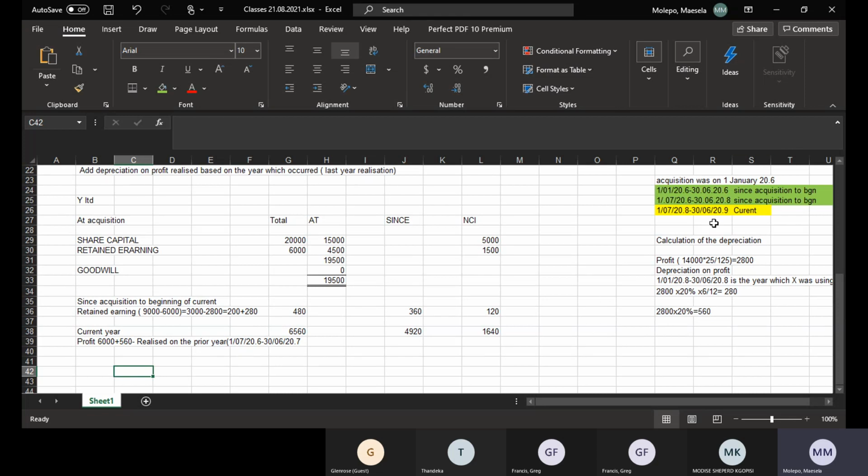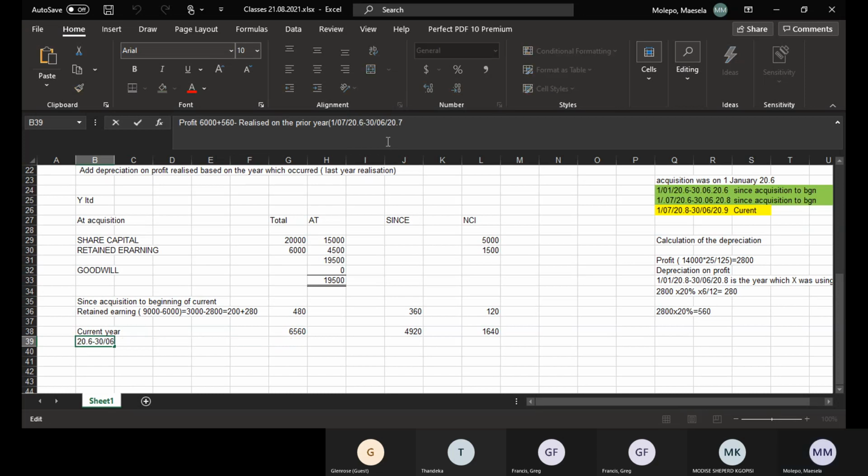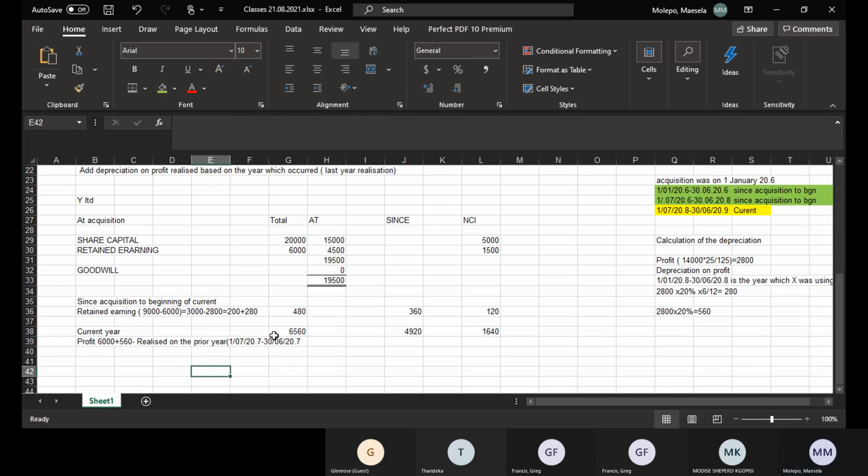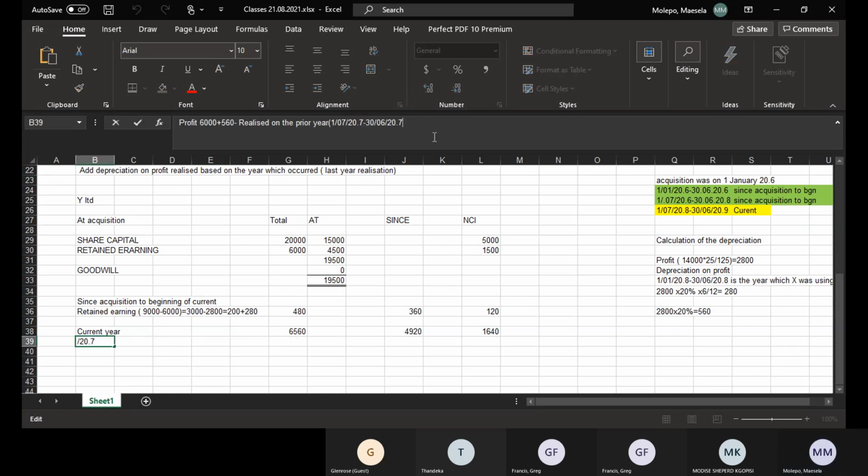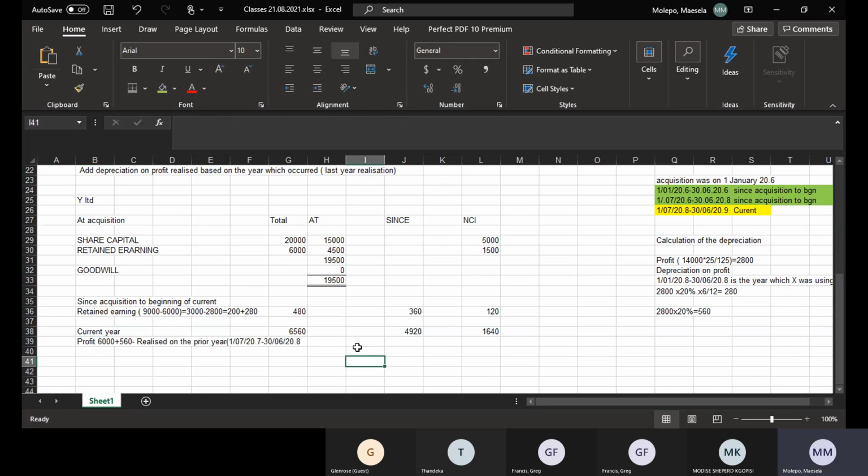Okay, let me focus on them financially again. The current is 2008 and the prior year will be 1 July 2007 to 30 June 2008. So that's what we are realizing here.